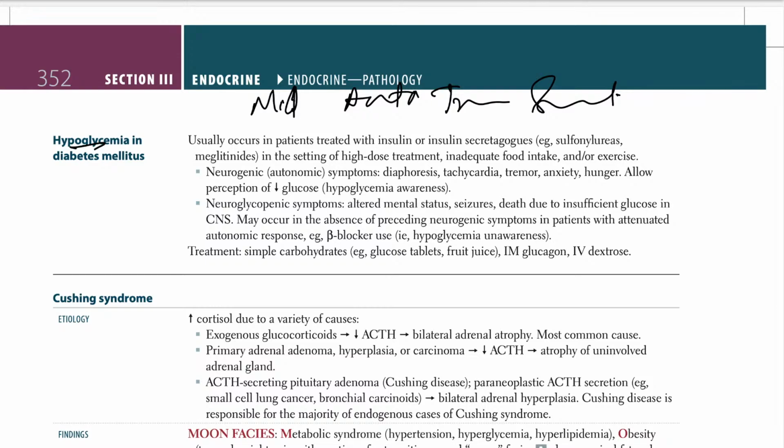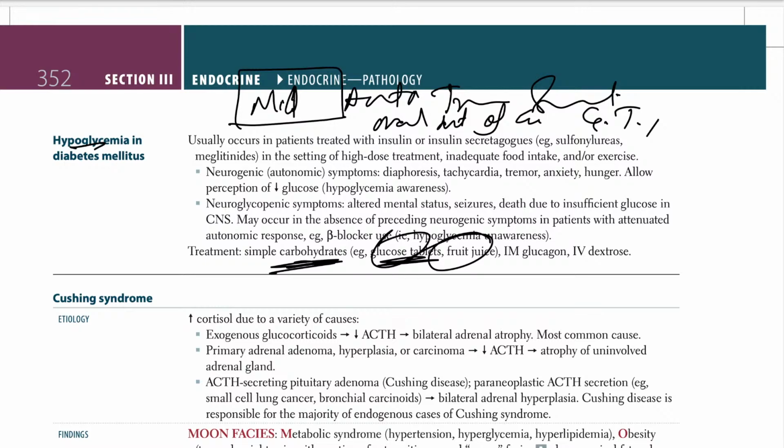To treat mild hypoglycemia, all you need is oral intake of carbohydrate. For example, you can give a glucose tablet, fruit juice, hard candy, any carbohydrate. That's for the mild hypoglycemia.